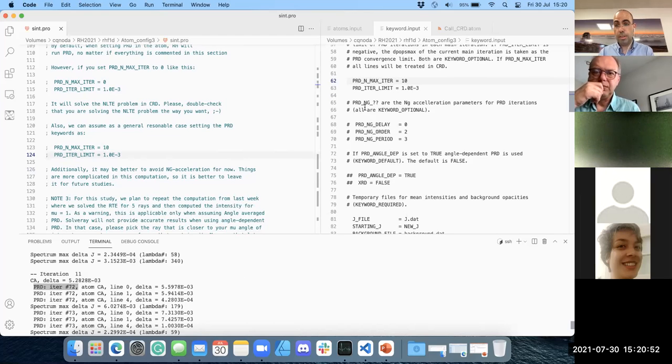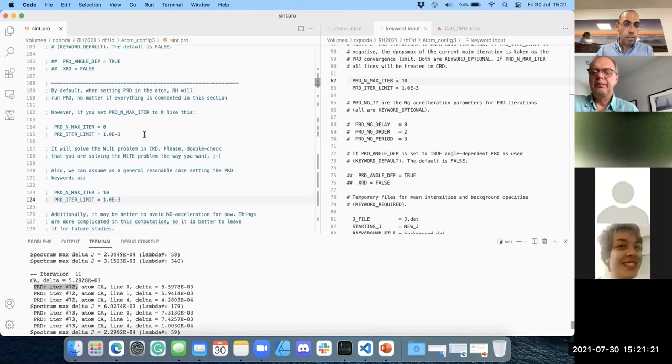So here we have ng acceleration, and we saw this last week, and we concluded that in the case of the non-LTE computation, in most of the cases it was working, but in some cases it was worse. So then it's something that you need to check. So for this test, I will just focus on solving the PRD, and I will not add the ng acceleration. Later we will see a bit more about that.